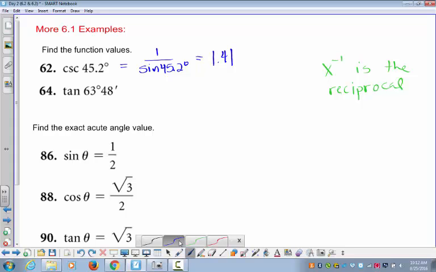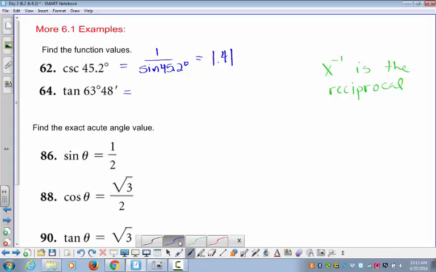For this second one, tangent, there is a tangent button. And so on your calculator, you have to know how to get to the degree, minute, second menu. On these little guys, it's just right up there, degree, minute, seconds. And all the calculators will have that somewhere. Some calculators, you have to hit the menu angle first. Some calculators, you hit the math menu, and then there's a DMS, the degree, minute, second tab under the math menu.